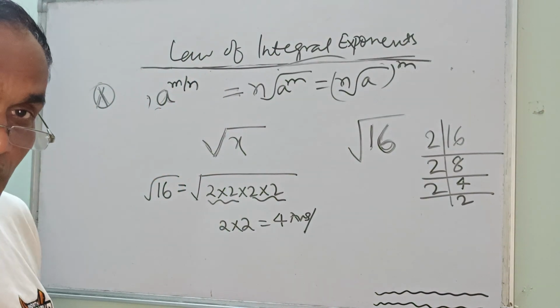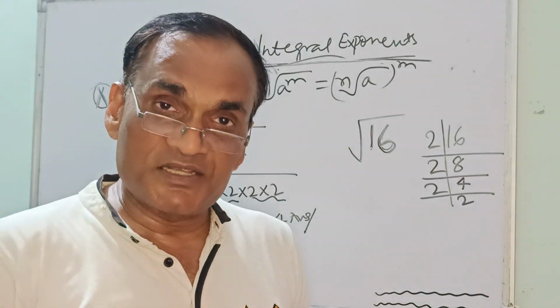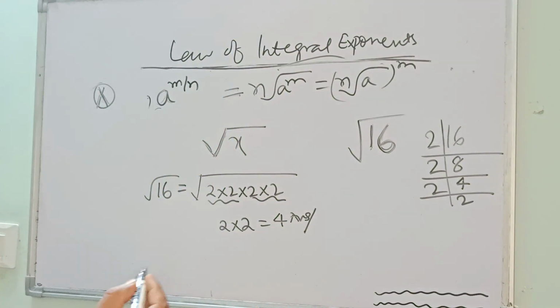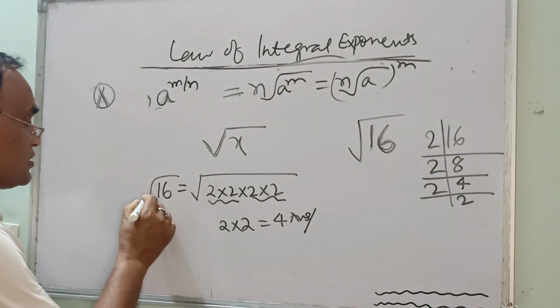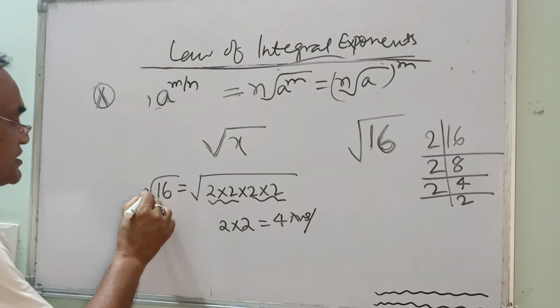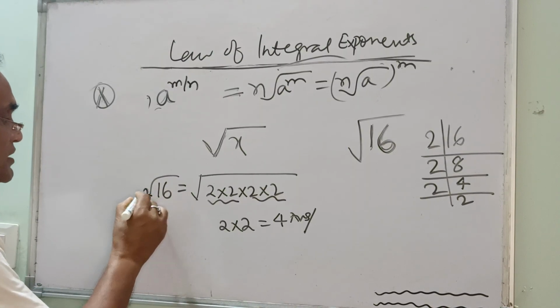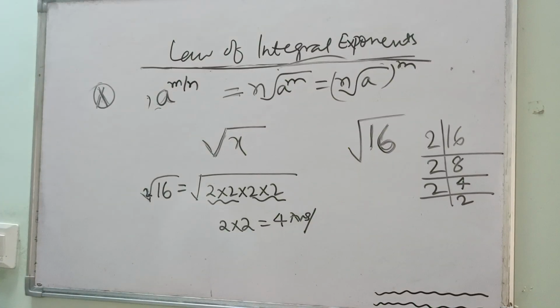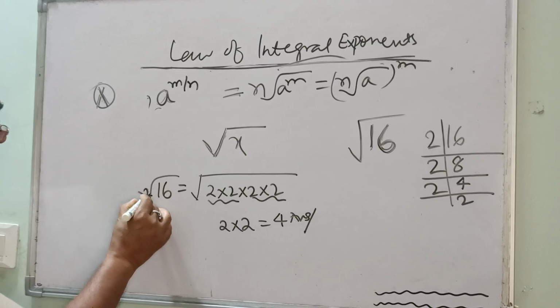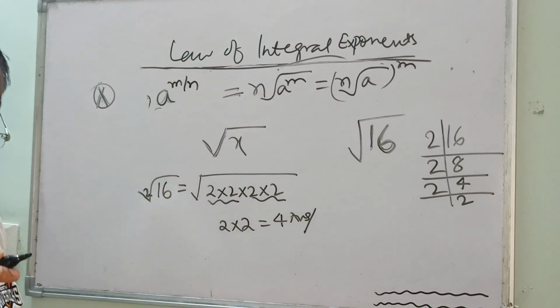Have you analyzed it? Because root says here 2 is present. Root says 2 is present here, gentlemen. That is silent, but 2 is there.